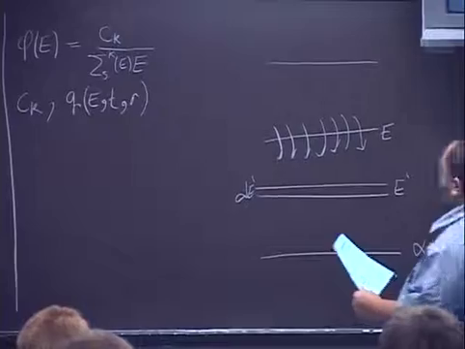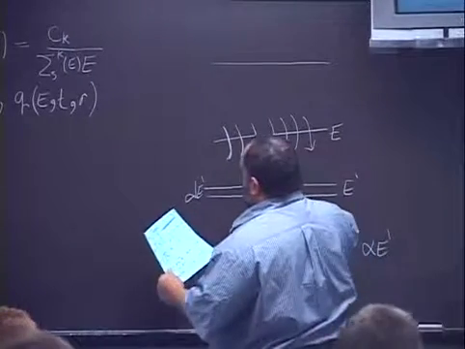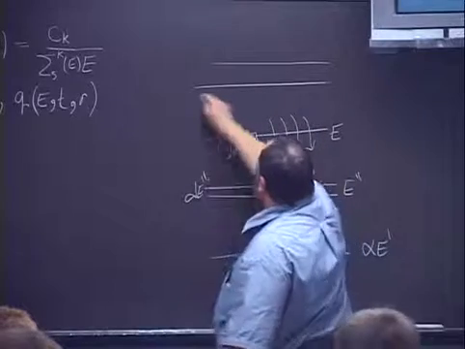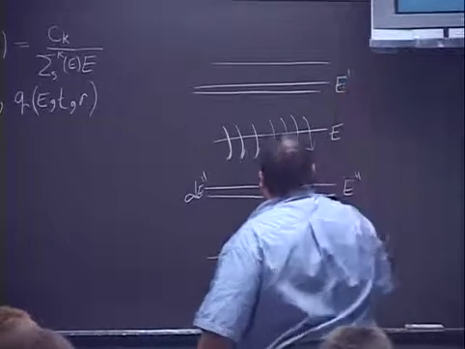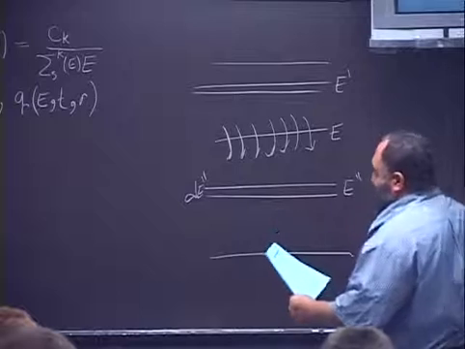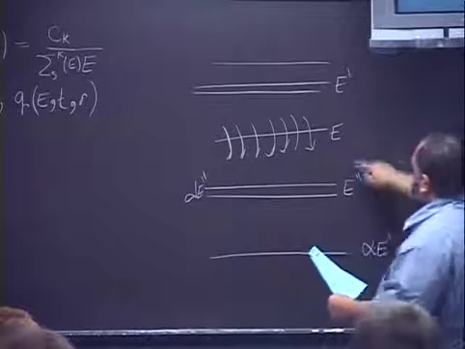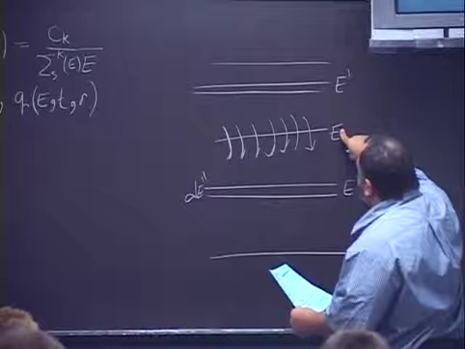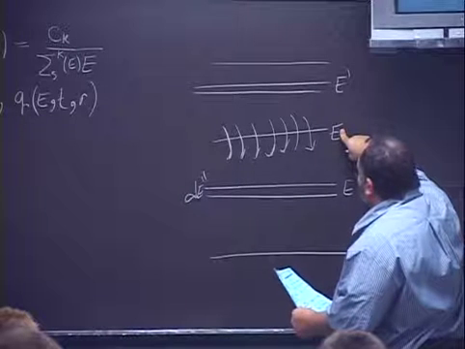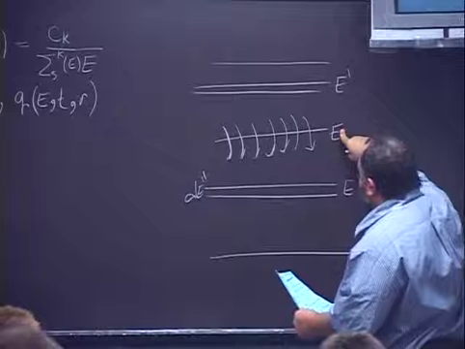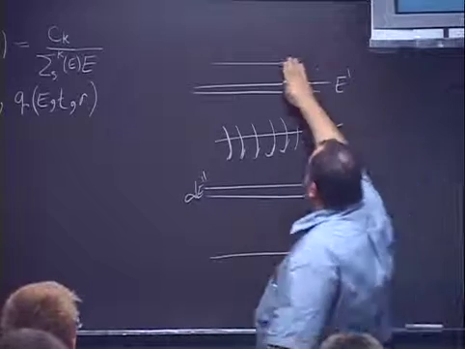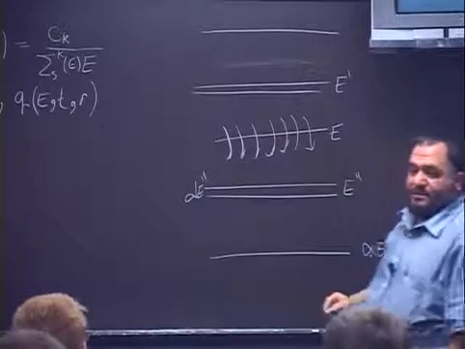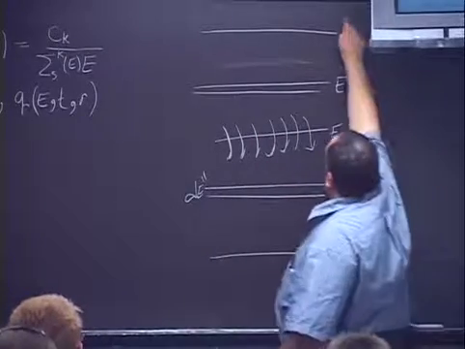I want you to look at this. This is, by the way, E double prime. E prime is here. What's the minimum energy the neutron can come from if it will end up in one collision at energy E? No, it's not alpha E. It's E over alpha.